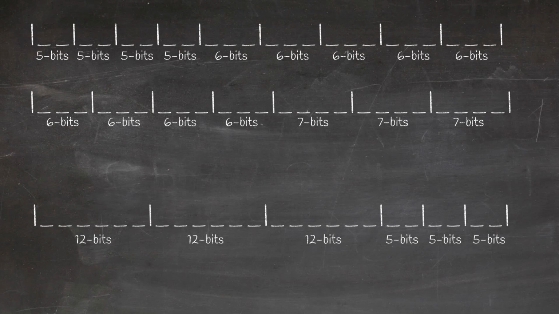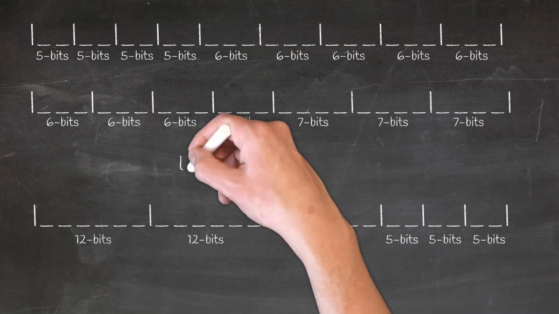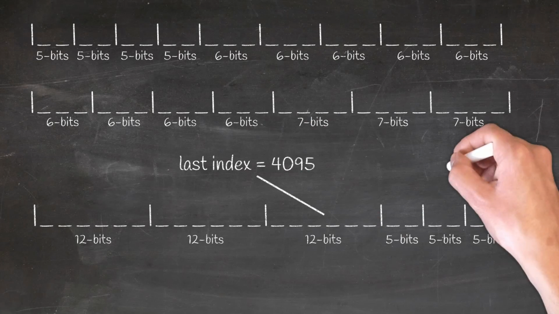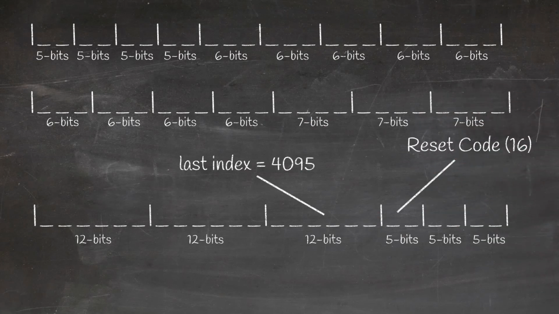Okay, so of course, as we have seen, since both the encoder and decoder are constructing and reconstructing the same dictionary, the decoder should know exactly when the dictionary becomes full, which is when the last index reaches 4095. But still, the encoder has to drop a hint to reset the dictionary. So we need a code, an index, that when you see it, it means please reset the dictionary right now and start over again.